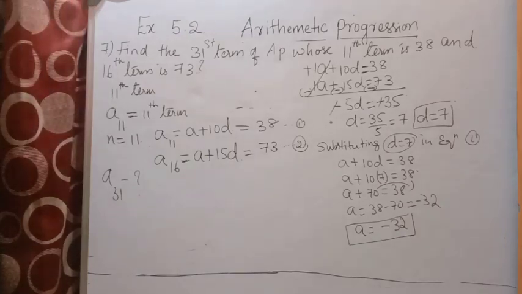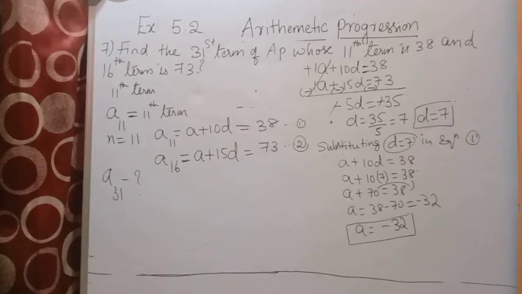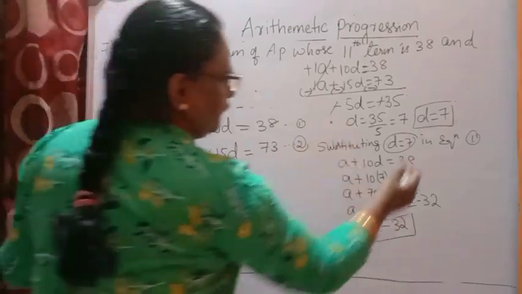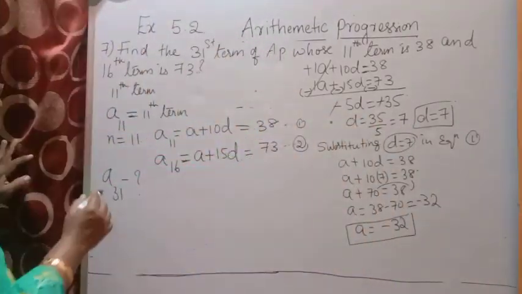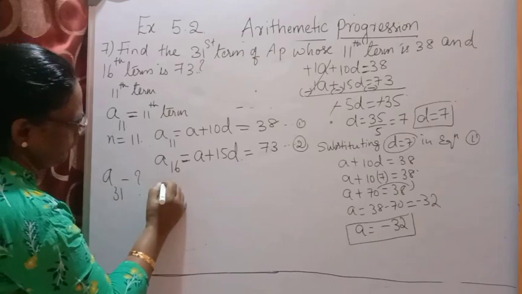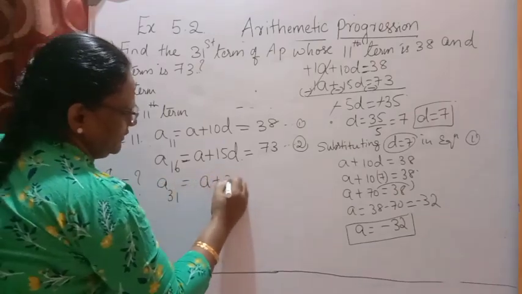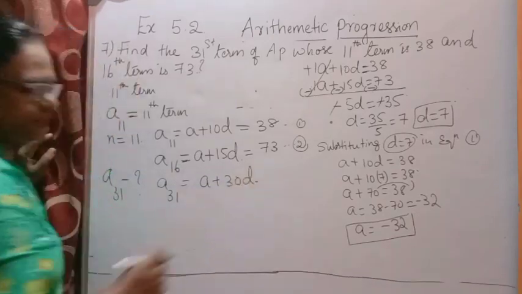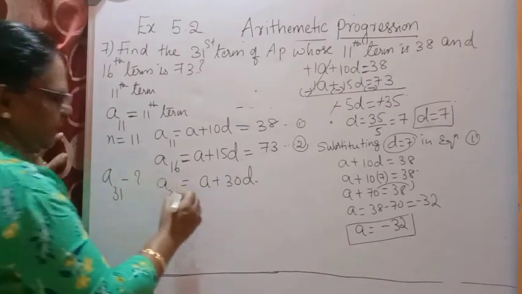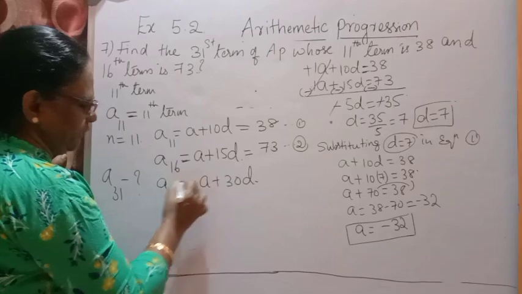Okay. Now you have to find the 31st term. Next, what do you have to do? You got the value of A and D. Now you have to find A31. A31 is equal to A plus 30D, is it not? A plus 30D. So the A31 term you have to find out.